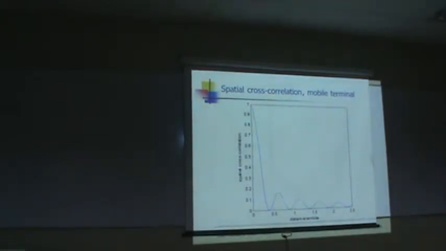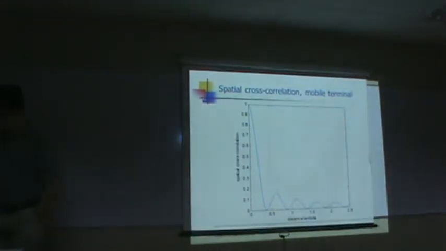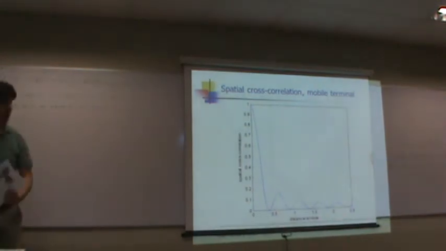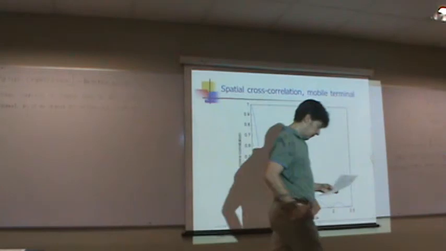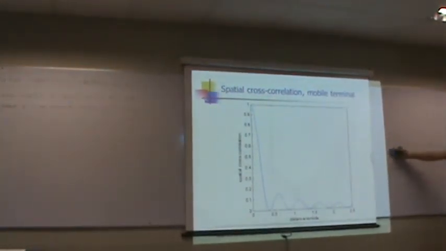Life is much more complicated for the base station. I will talk about the base station now, but are there questions? Is it clear what I'm talking about? Now, base stations. Life for the base station is more complicated.